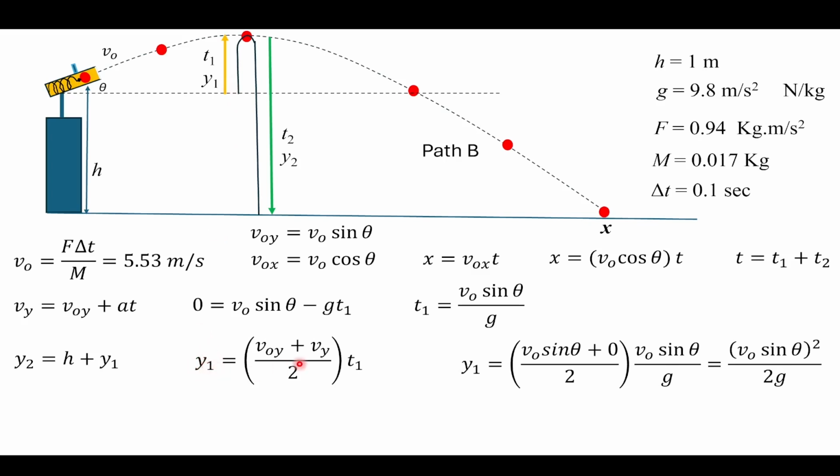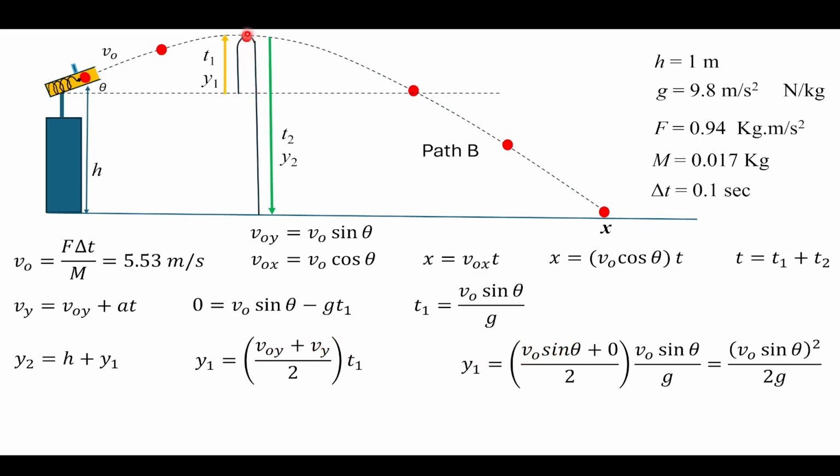The distance equals the average velocity between the initial velocity and the final velocity multiplied by t1, the time it takes the ball to travel upward. Well, the initial velocity is v0y, which is this one. The final velocity, we said when the ball reaches the maximum height, it will stop, then come down.